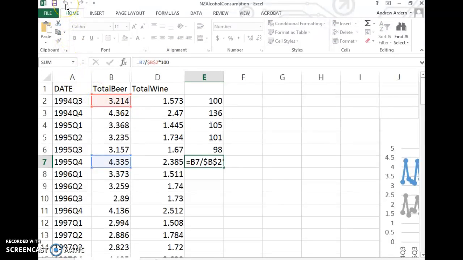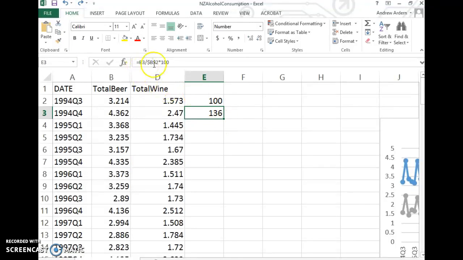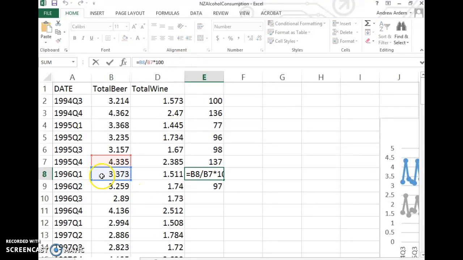If I undo that and I forget to put the dollar signs in, push F4, F4, F4, the dollar signs aren't there now, and I drag it down, it doesn't stick to the first cell. It keeps coming down. You want it to stay relative to the first cell.